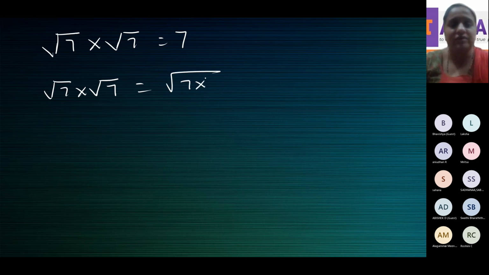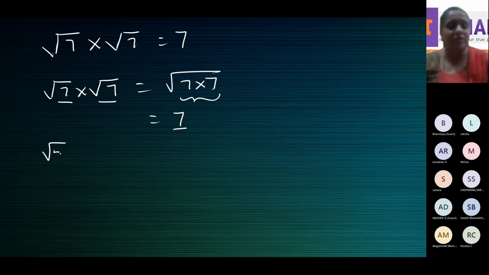Okay. Now, from this, you should have realized that root 7 into root 7 is 7, because root 7 into root 7 is root of 7 into 7, and from 2 sevens, 1 7 comes out. Root 5 into root 5 is root of 5 into 5, and from 2 5s, 1 5 will come out.